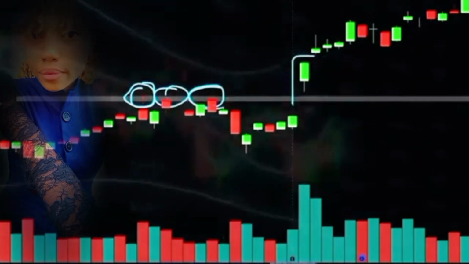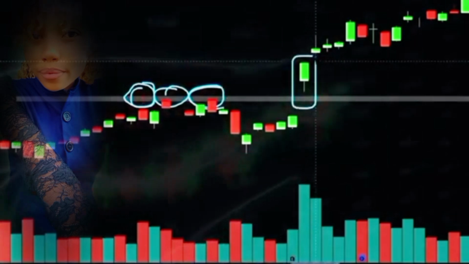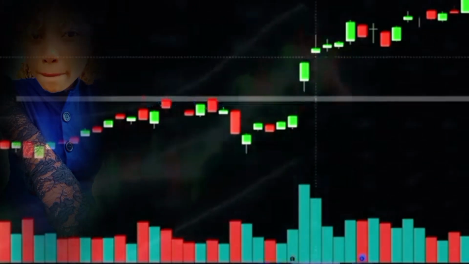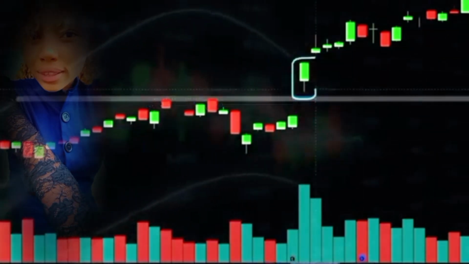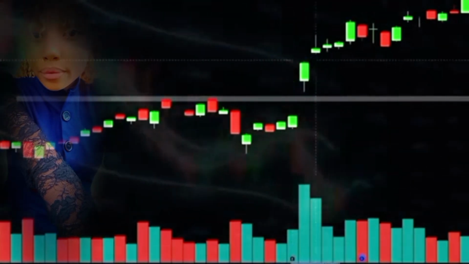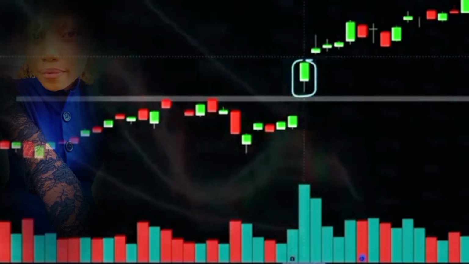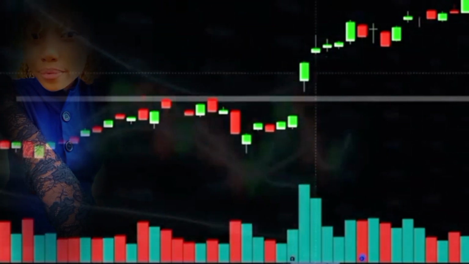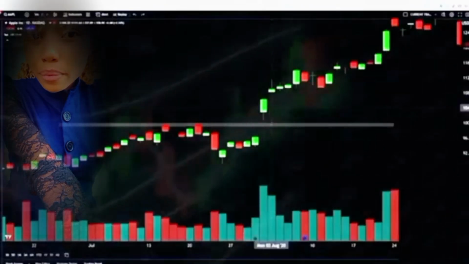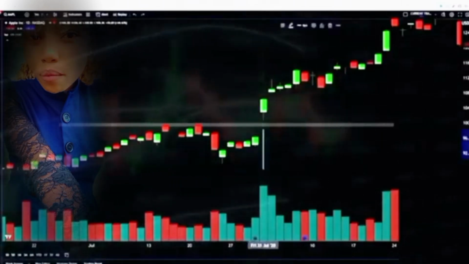But during this green candle right here, you can see that we got a strong breakout above the resistance area. When we see breakouts, we want to look out for two things. First of all, we want to see a strong green candle, which we saw right here. This is a very good sign for a breakout. But what we also want to see, in order to make the breakout even more significant, is that we want to see lots of volume.